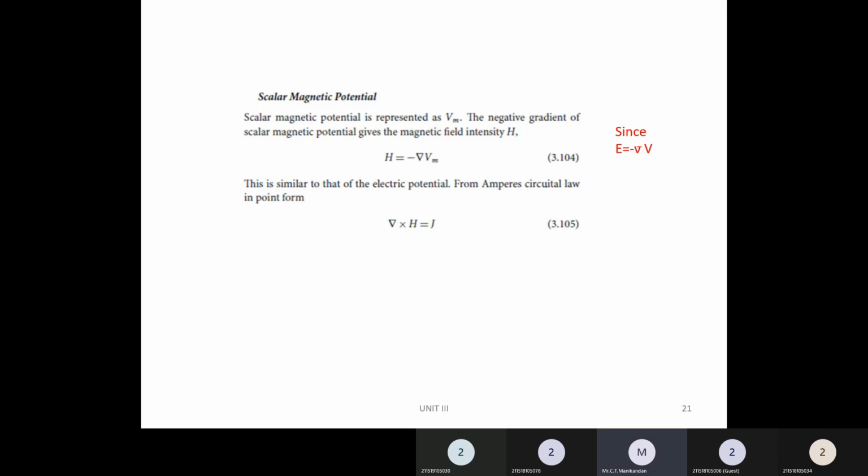Del cross H means curl. If it is del dot H, then divergence, and del H means gradient. So del cross H is equal to J: the curl of magnetic field intensity is equal to current density.